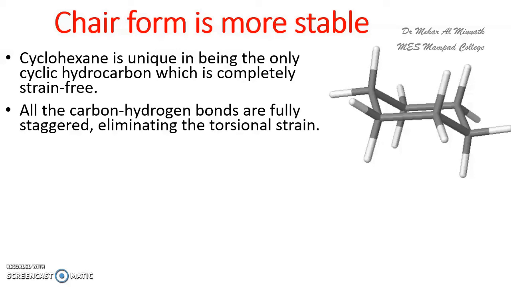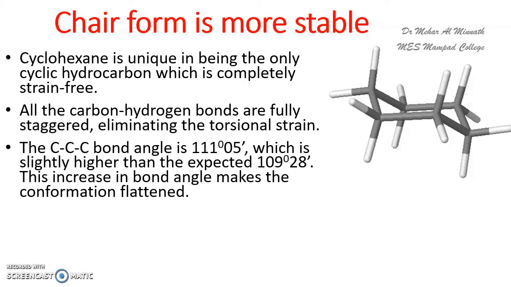Since the CH bonds are in fully staggered form, there will not be any torsional strain, so the torsional strain is eliminated. And then the angle strain: if we have seen in the beginning, if the cyclohexane was in the planar form, the bond angle would have been 120 degree, but that is not the bond angle for an sp3 hybridized carbon.